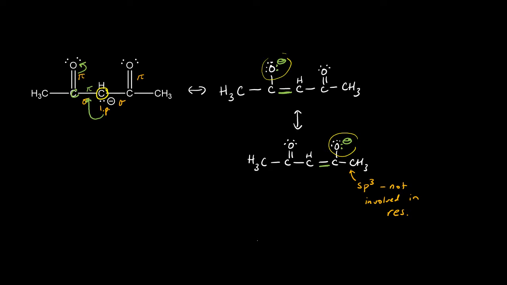So we can say that if it's on oxygen, that's a major resonance contributor. And these two are equal, because they both have that negative charge on oxygen. All right, and then the first one that we have here, that will be our minor contributor. Minor, because it has the negative charge on carbon, which is less electronegative, so it's not as stable.